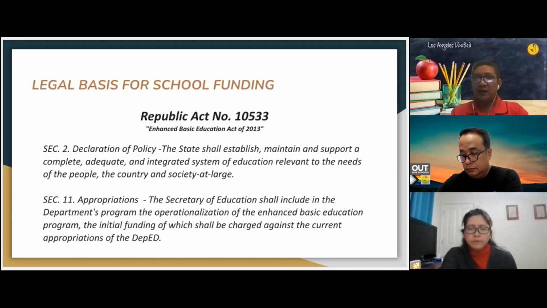While the section 11, the appropriations: the Secretary of Education shall include in the department's program the operationalization of the Enhanced Basic Education Program, the initial funding of which shall be charged against the current appropriations of the DepEd. So therefore, the amount necessary for the continued implementation of the Enhanced Basic Education shall be included in the Annual General Appropriations Act.